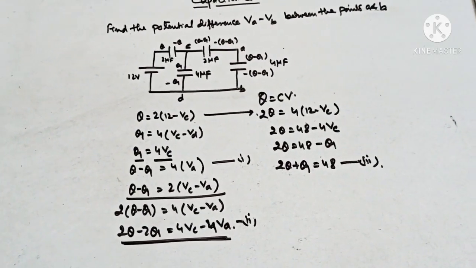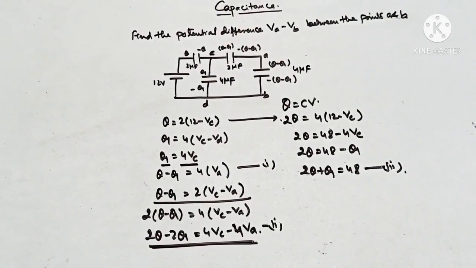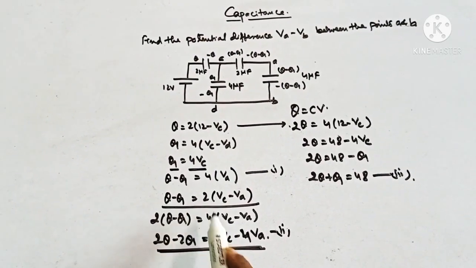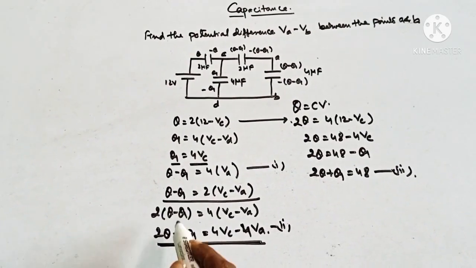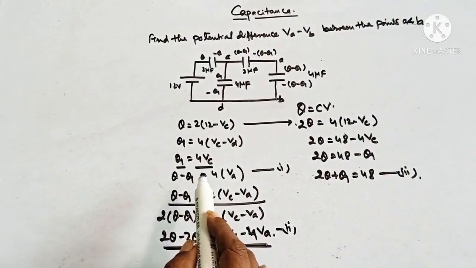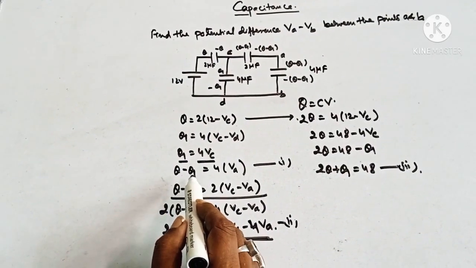Now what can I do? Let me see. This is this much, this is this, and VD this is 0.